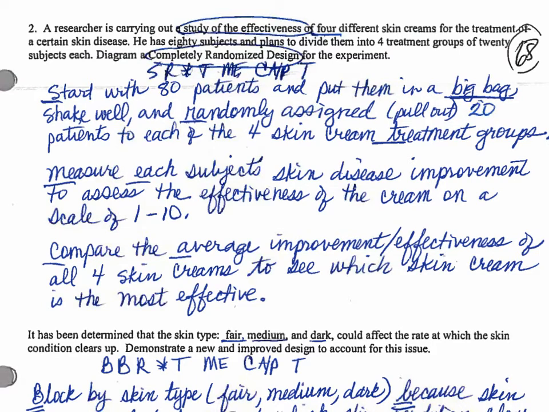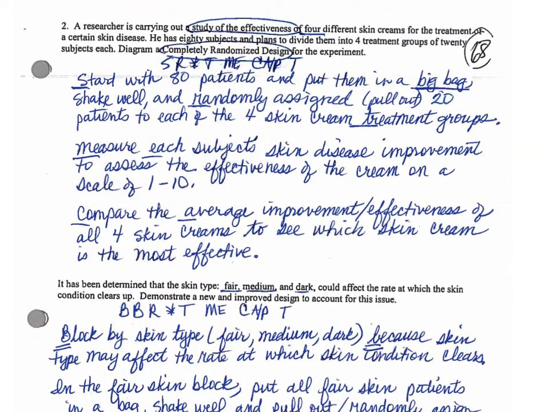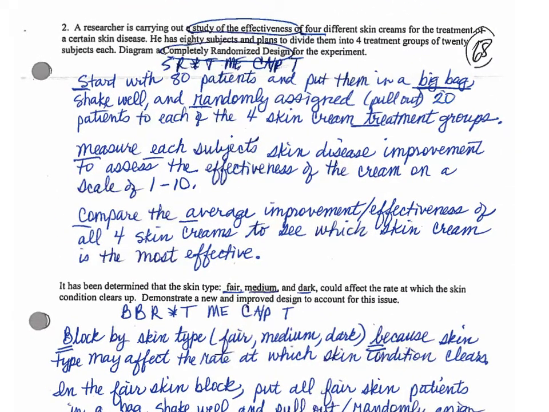You are assigning the patients to the creams. Yes, so assign to the treatment. Well, I said assign the 20 people to one of the creams. Yes. Okay. And then ME is measure each subject's skin disease improvement.